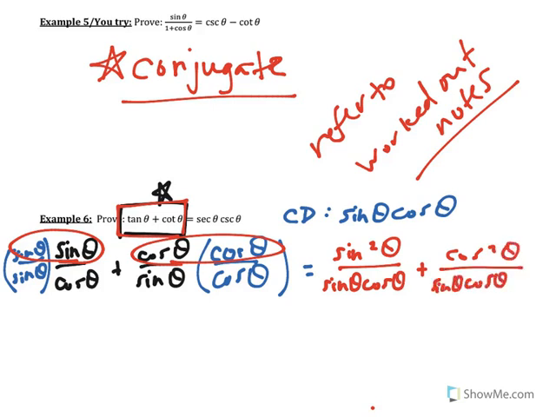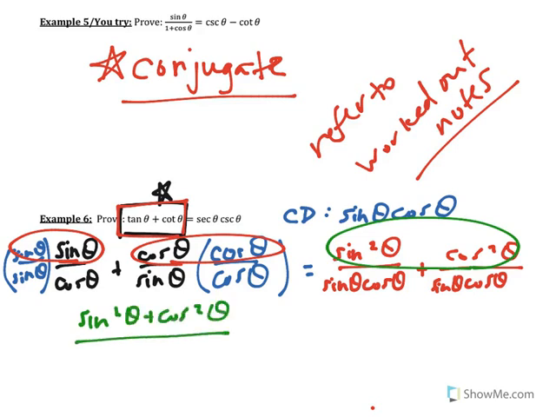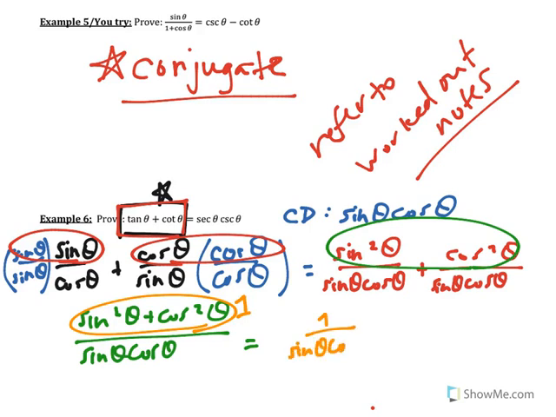Now, just like with fractions, we're going to add the tops and put it over the common denominator. So I'll get sine squared plus cosine squared, which should look nice to you, over my common denominator. Sine squared plus cosine squared is my identity. It just equals 1.